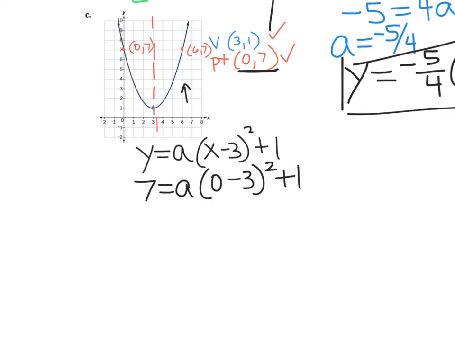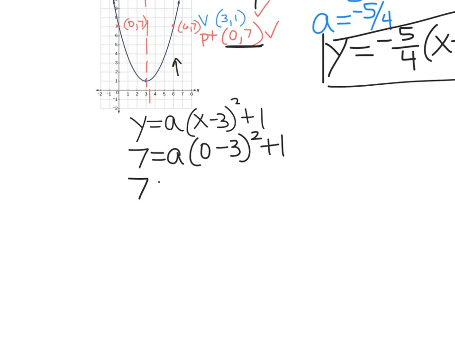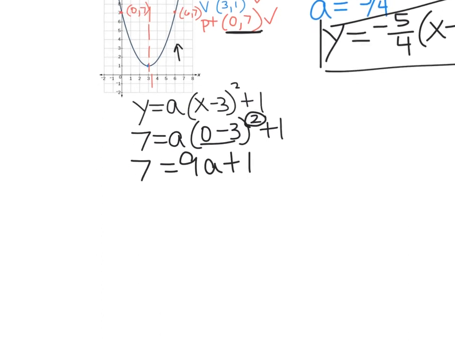I get 0 minus 3 is negative 3. Don't forget to square it. 9a plus 1. Subtract 1 to the other side. So 6 equals 9a, divided by 9. A equals 2/3.